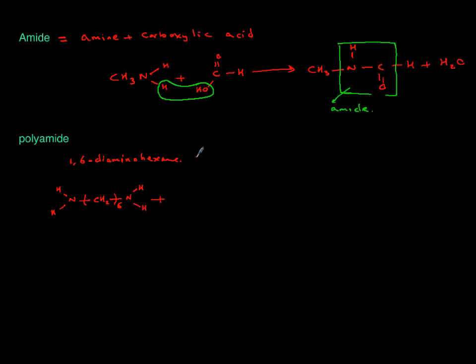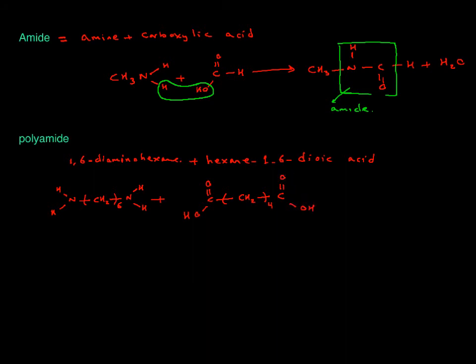Plus, now let's have a carboxylic acid. For example, we can have hexane-1,6-dioic acid. Now this molecule has two carboxylic acids, but the carbons are part of the numbering. So you would have four CH2 sandwiched between the two carboxylic groups.